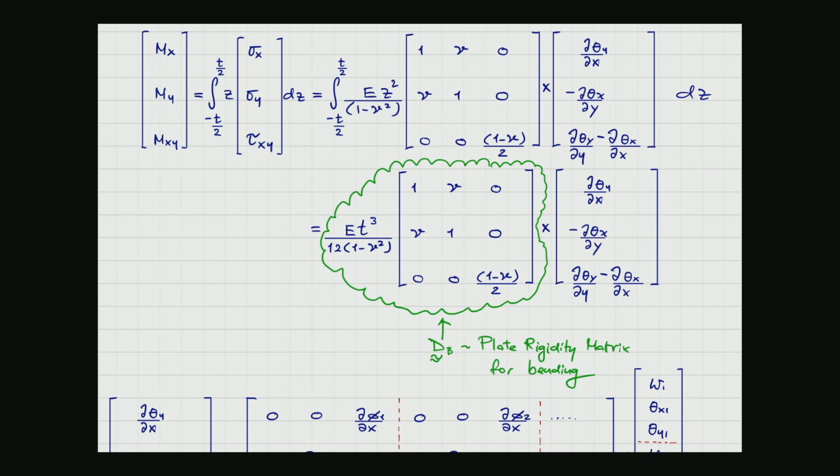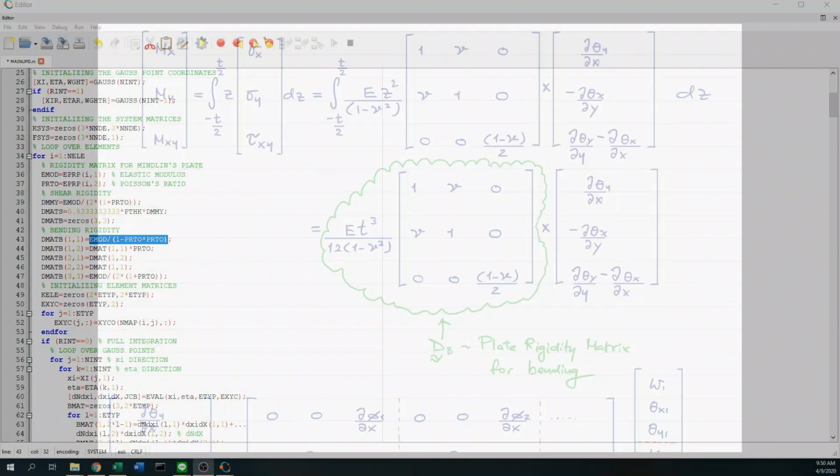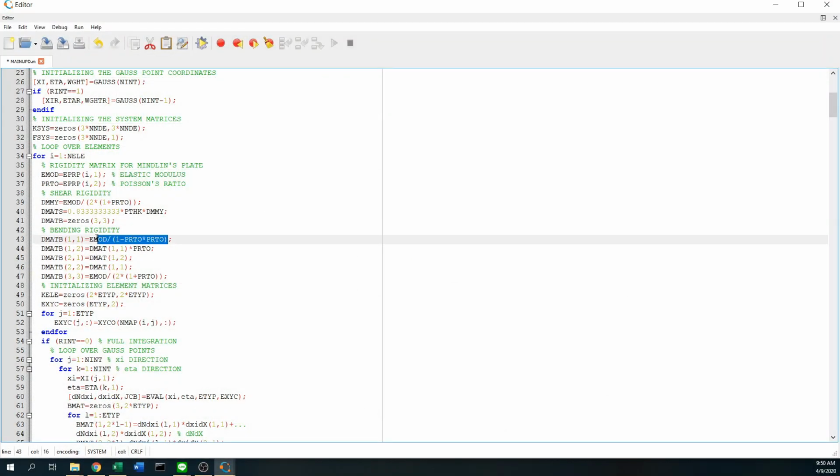So I'll come back here. This is replaced by 1.